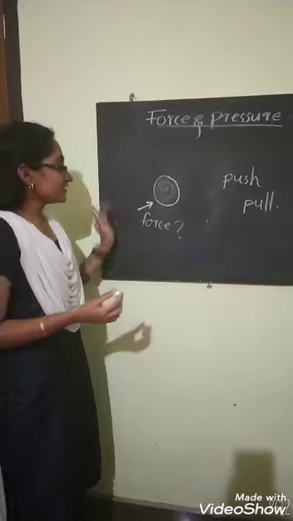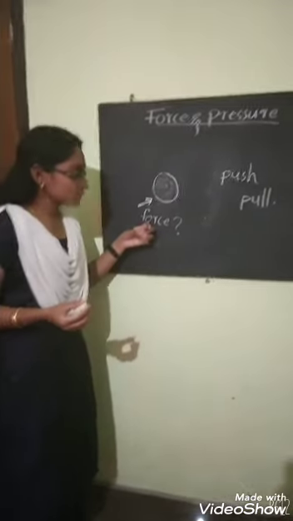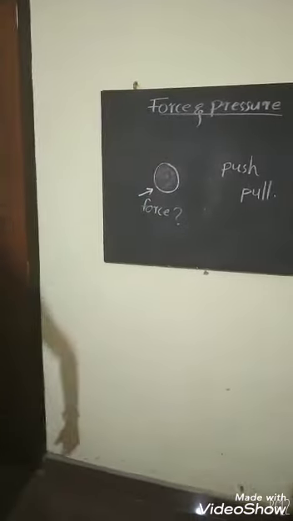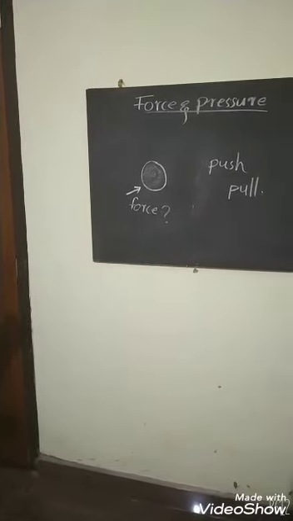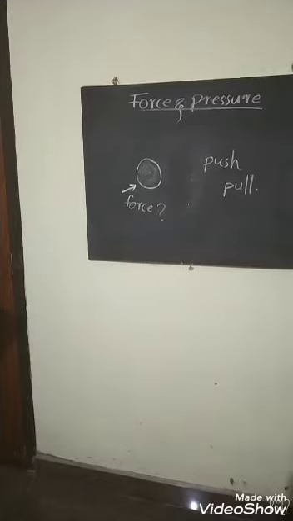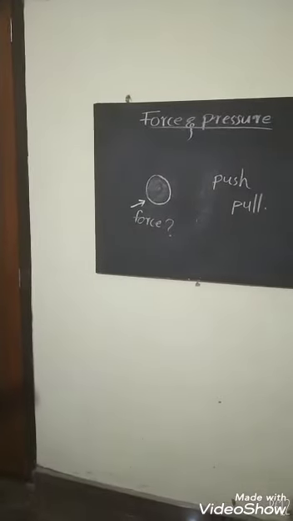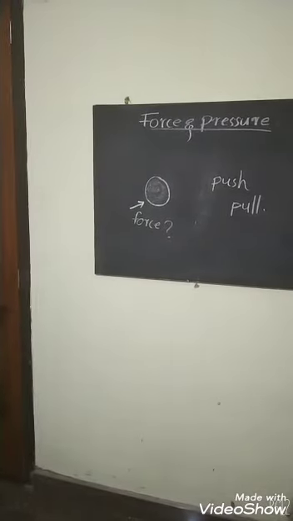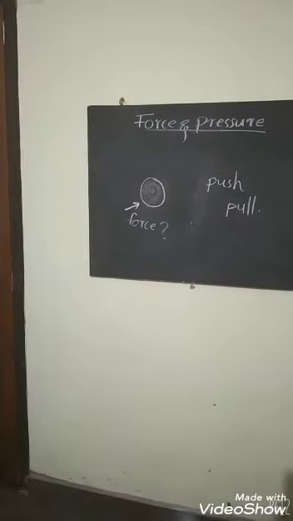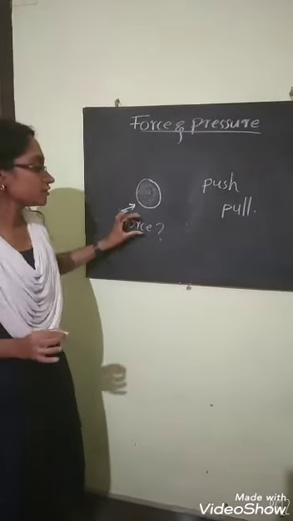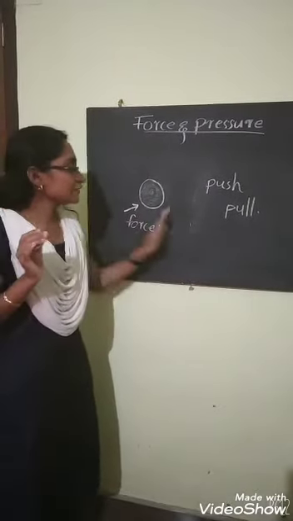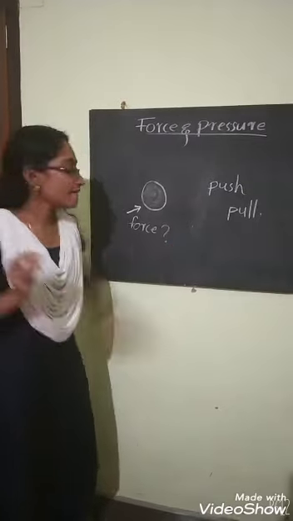So, we can simply define force as the push or pull acting on an object. Every action can be denoted as a push or pull, and generally a push or pull on an object is called force. This is a simple definition of force. I hope it's clear to you.